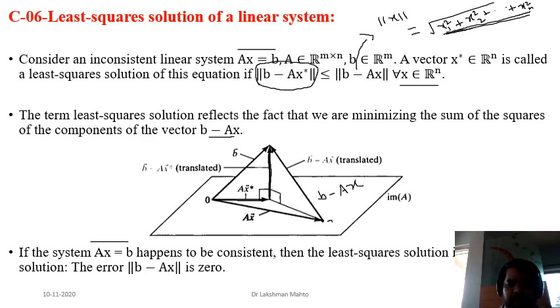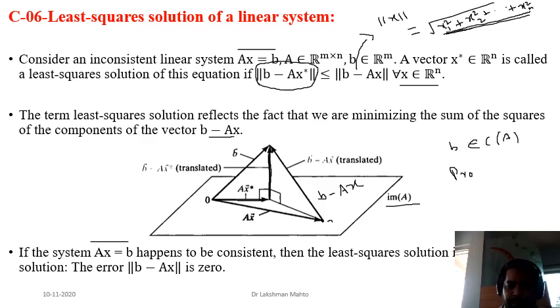In that case, definitely the projection of b with respect to this column space would be itself. If b is in the column space of A, or image of A, in that case the projection of b would be the vector b itself. So there is no perpendicular part.